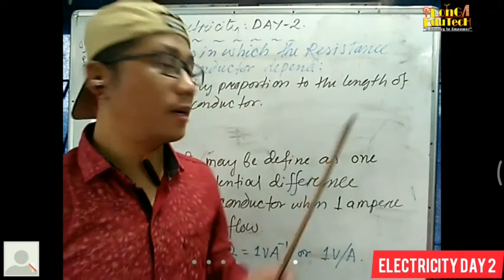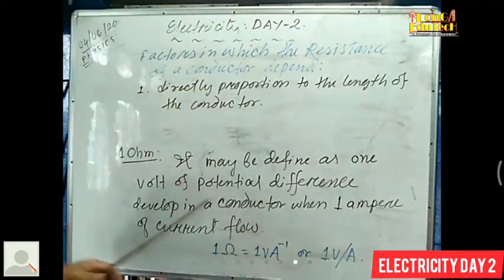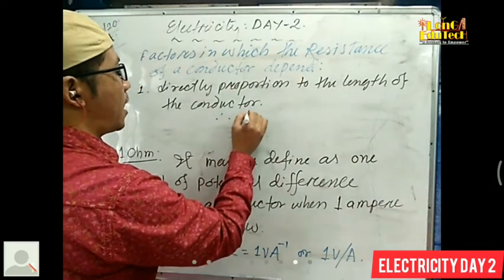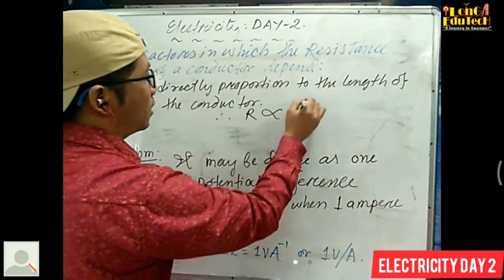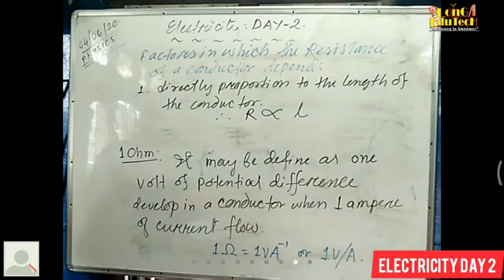If the length is more, then the resistance of the conductor also will be more. So therefore R is directly proportional to the length, L for length. So this is point number 1.